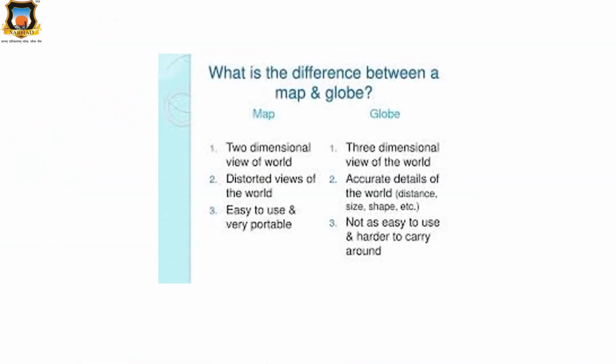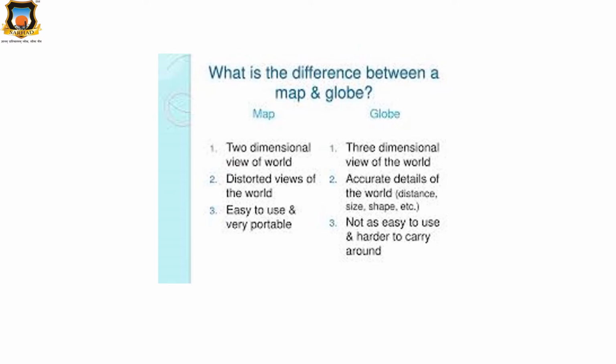See here, in short, we will just see what is the difference between a map and the globe. See, the map is a two-dimensional view of the world. What is the map? Two-dimensional view. The globe is a three-dimensional view. Why?